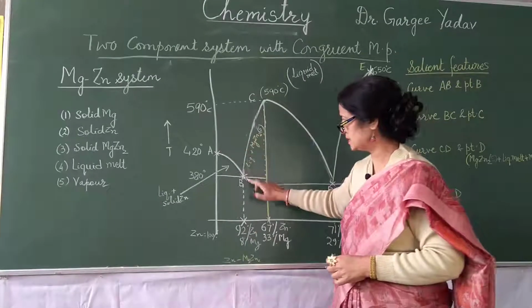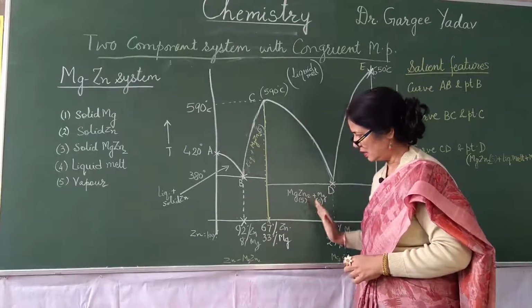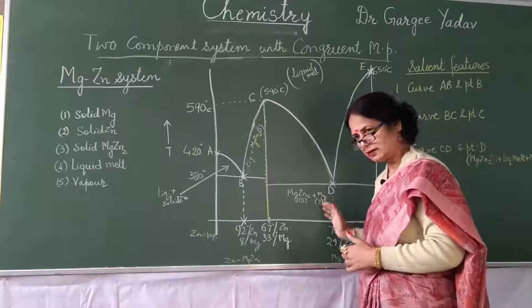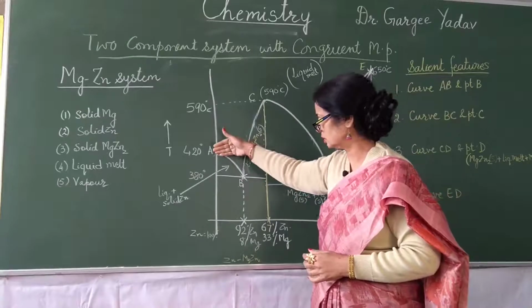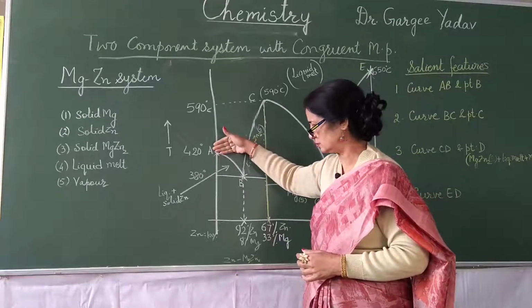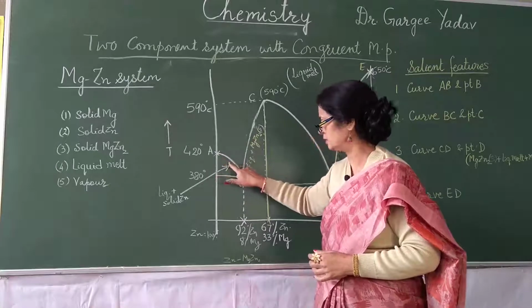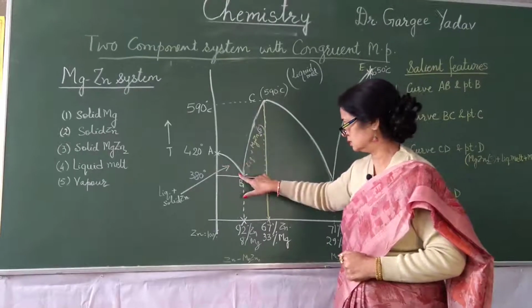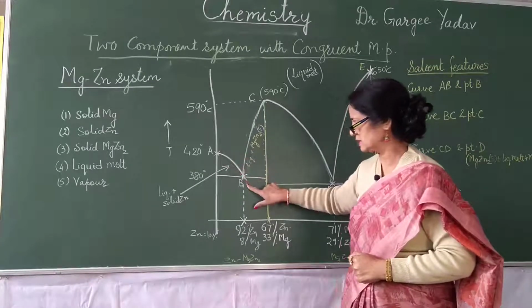This AB represents, as we can see, pure zinc over here, and magnesium in various proportions being added to it. So this is the melting point of pure zinc, and when we add magnesium to it, the freezing point will be decreased in this manner till point B is reached.